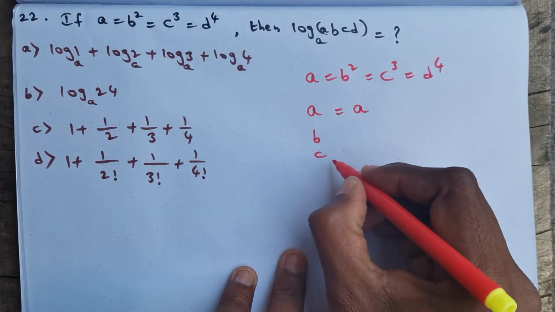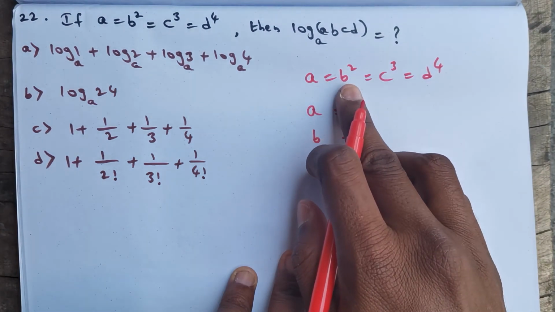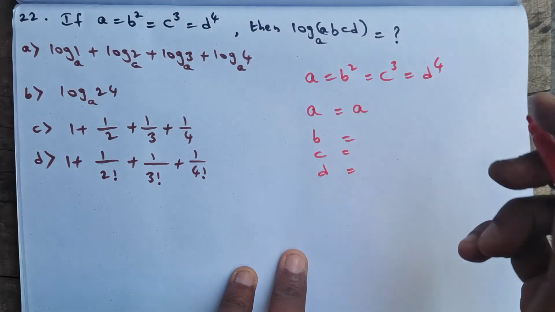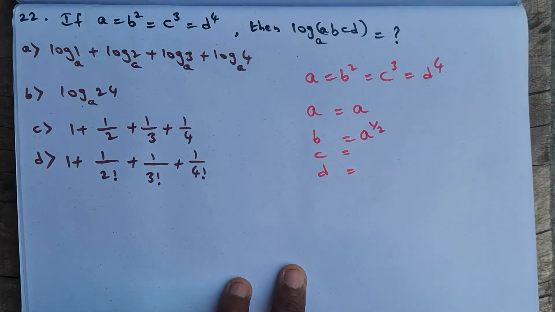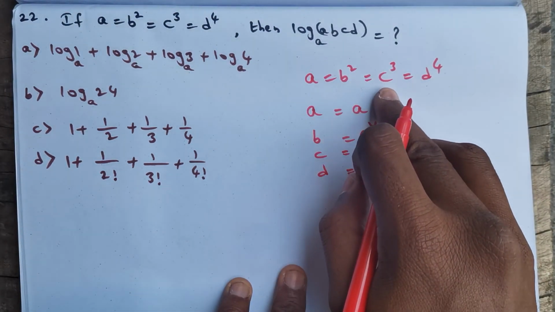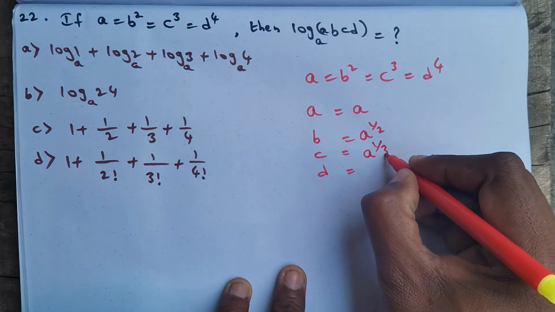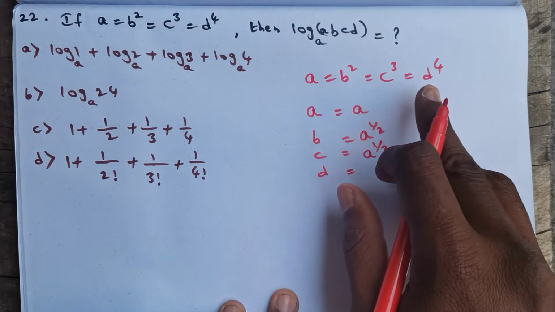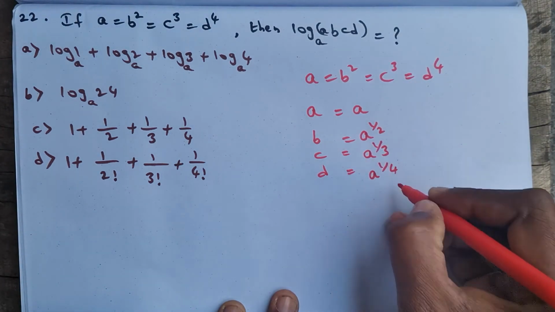Then what about the values of b, c and d? a is equal to b square, then b will be a power 1 by 2. a is equal to c cube, then c will be a power 1 by 3. a is equal to d power 4, then d is equal to a power 1 by 4.